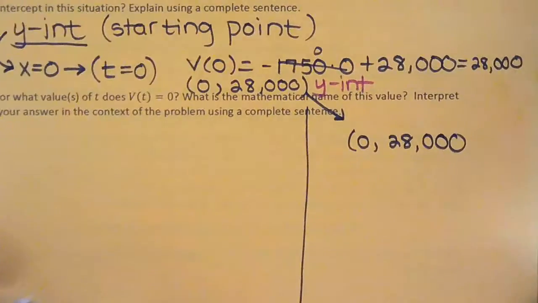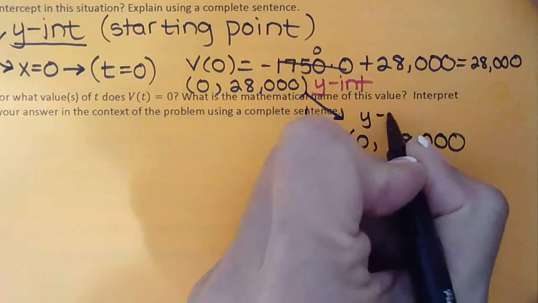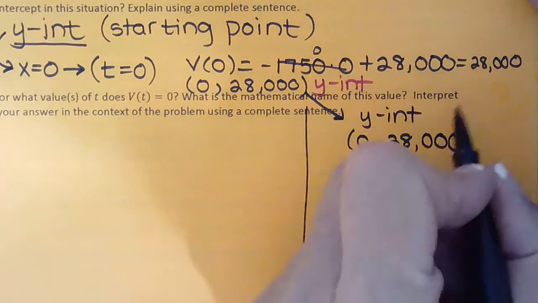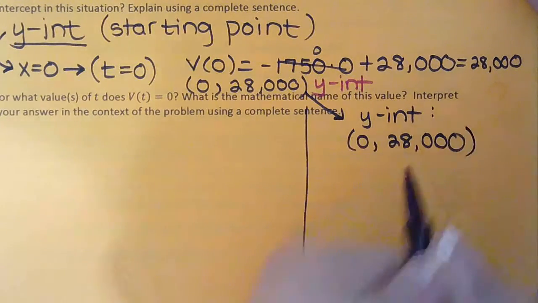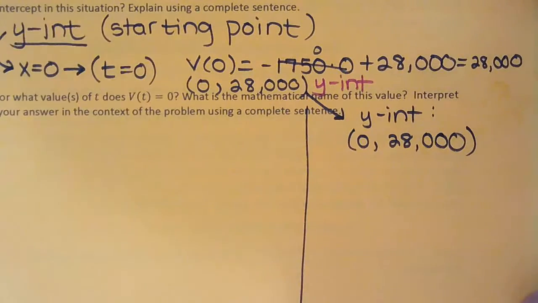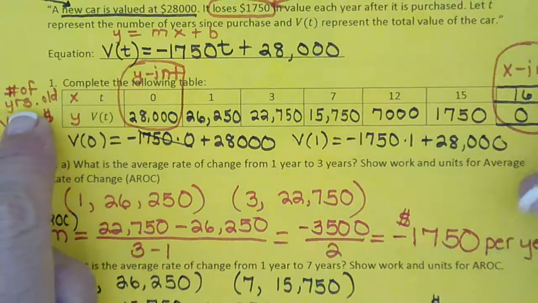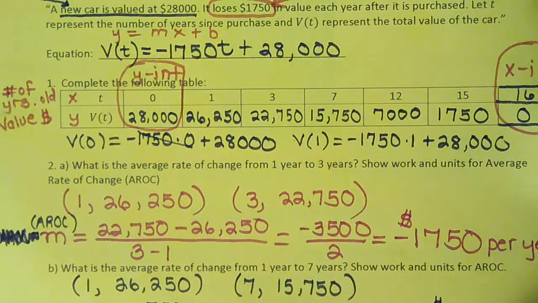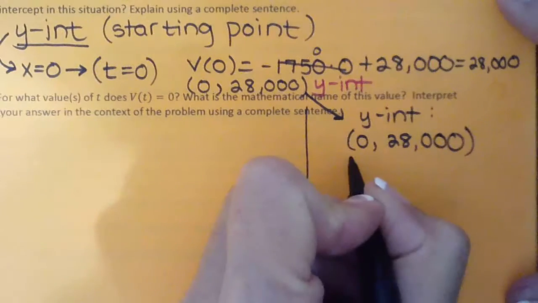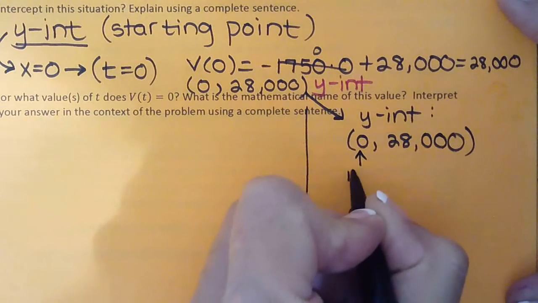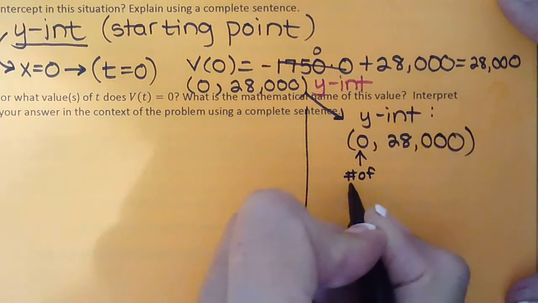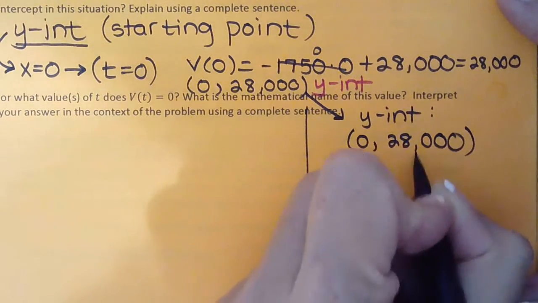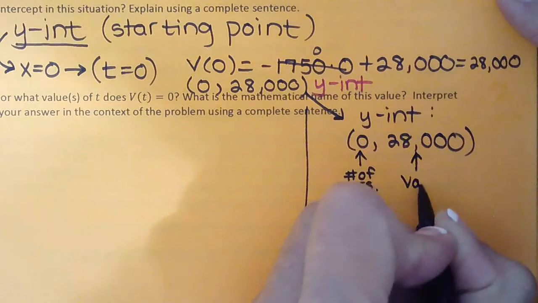And remember, that's my y-intercept or my vertical intercept. We just looked up on the table. The x is number of years. The y is value in dollars. So I write right below this number of years, value in dollars.